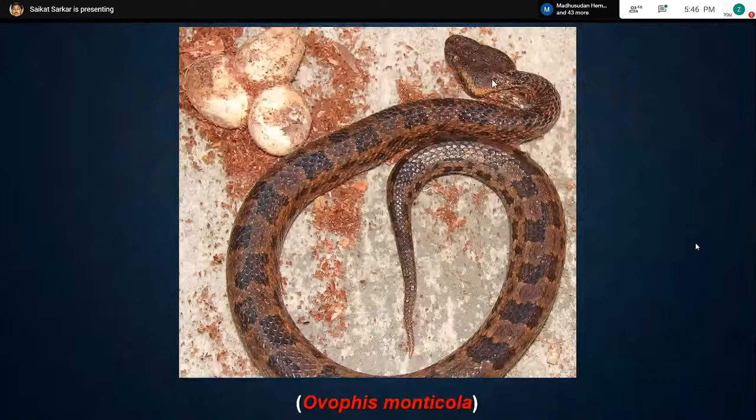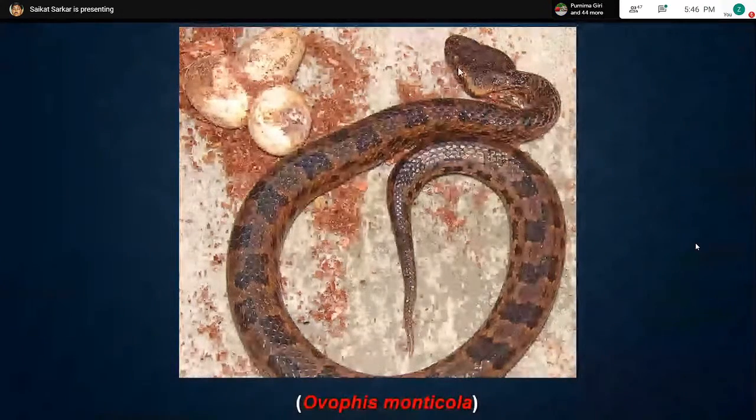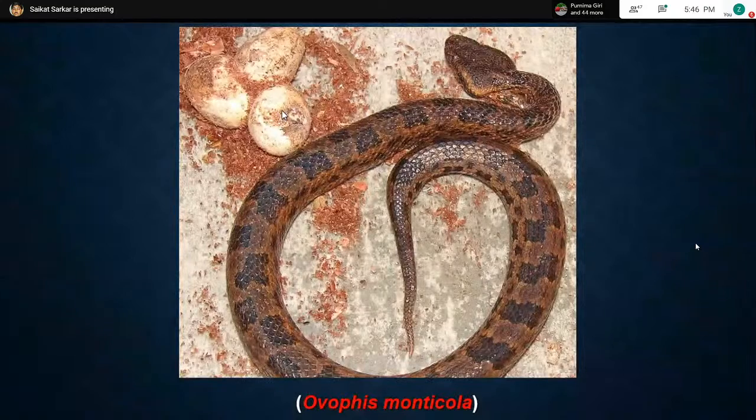But this is one species that is an egg bearer. They lay eggs. Plus they are pit vipers, as well as Asian pit vipers. So this is one Asian pit viper that lays eggs.